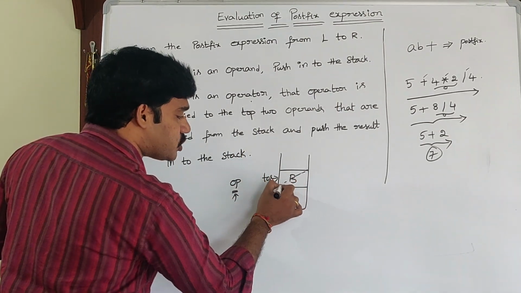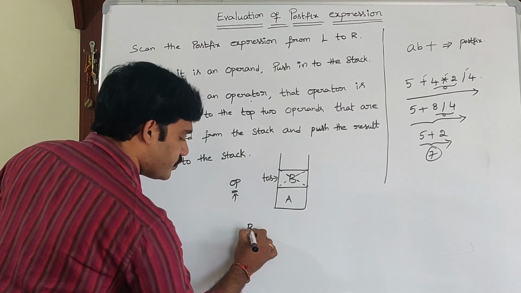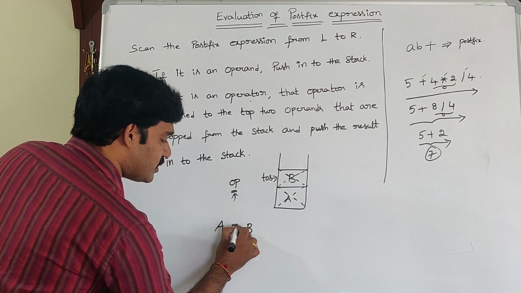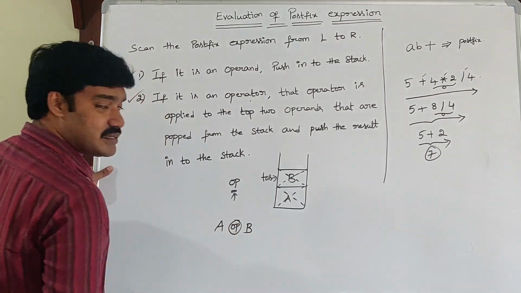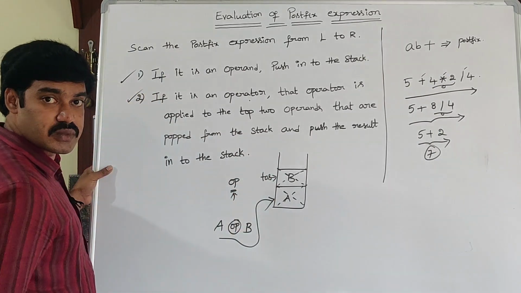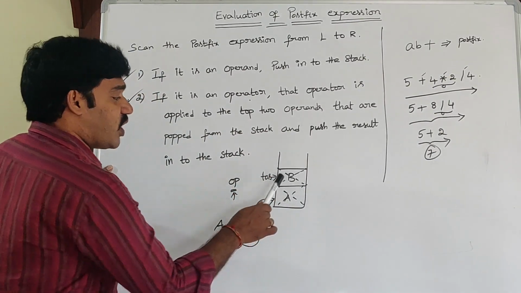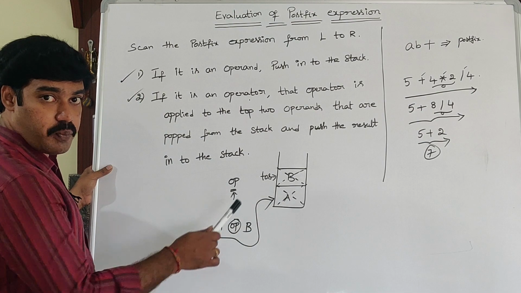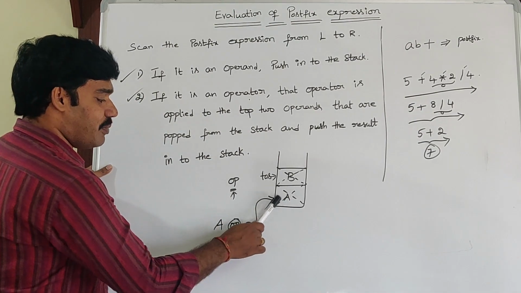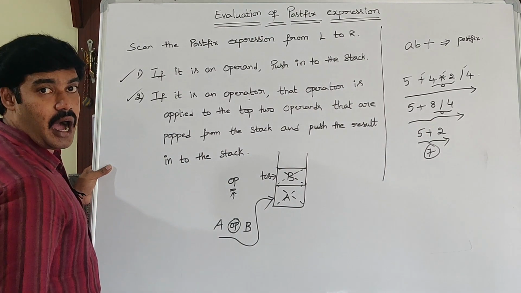Last inserted element is to be popped out first, that is B. Next popped one is A. Apply that operator on those 2 operands and finally push this result into the stack. Important point: first popped element is placed on the right hand side of the operator. Second popped element is placed on the left hand side of the operator.